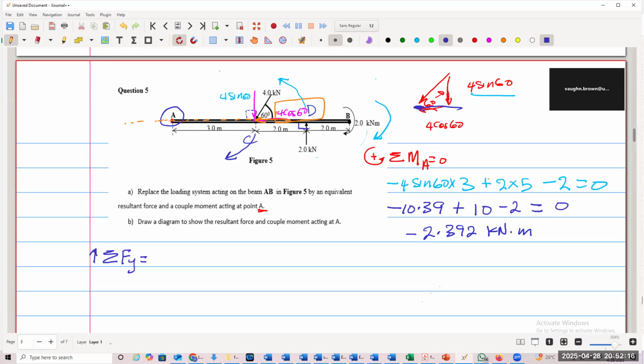So the forces in the y: for the 4 kilonewton force, the first one is going to be minus 4 sine 60. That's the only one in the vertical for the F1 going down. What about for the 2 kilonewton force here?